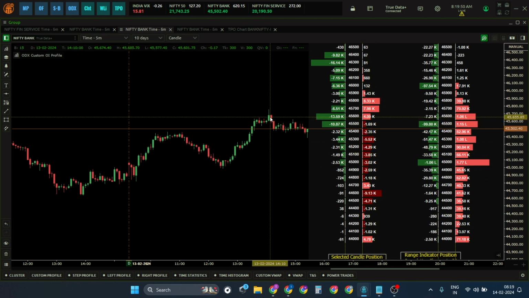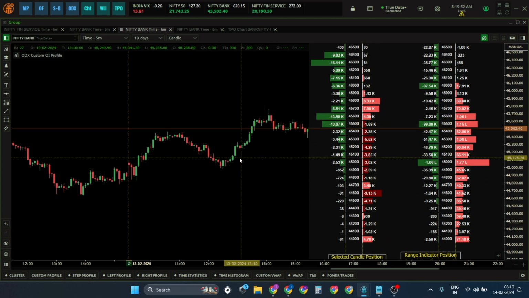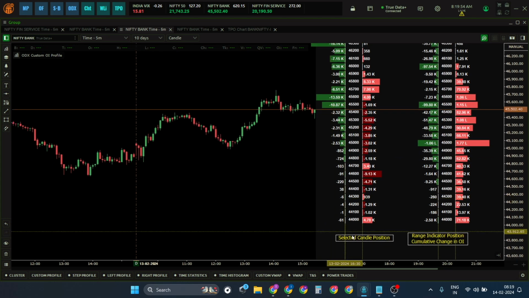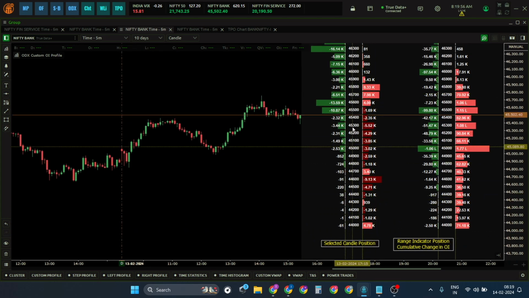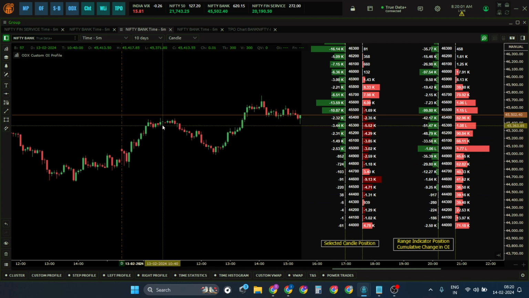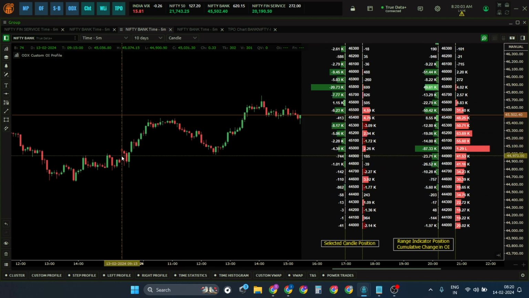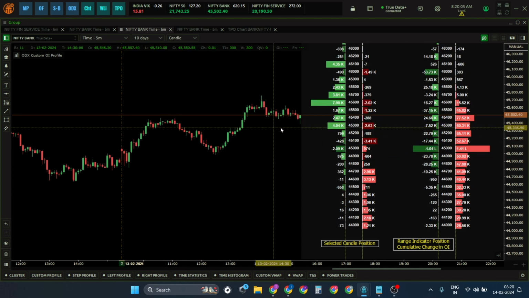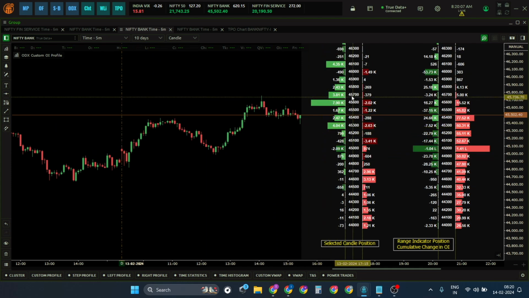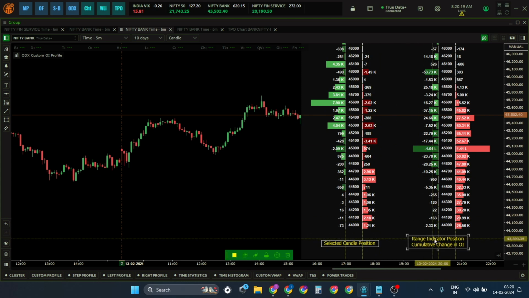We are talking about only this candle. This first profile is nothing but whichever candle you select, whether it is the first candle or the current candle, you simply click on it and see that candle's information: in that time span, how many positions were added to a strike and how many positions were covered from that strike.